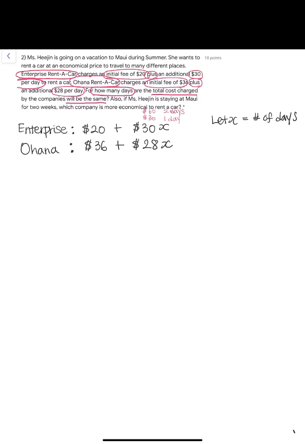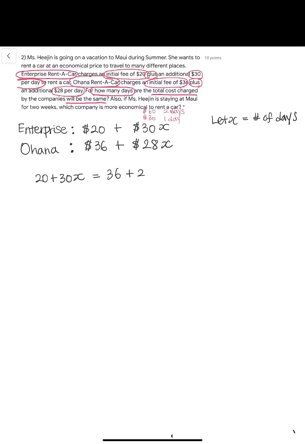So as we rent more days, the price will go up. And we don't know how many days, and we're trying to find that. So it says how many days are the total cost charged by the companies will be the same, which means that we have to set these equations equal to each other. So we're gonna set 20 plus 30x, which is the Enterprise, equal to 36 plus 28x, which is Ohana price.